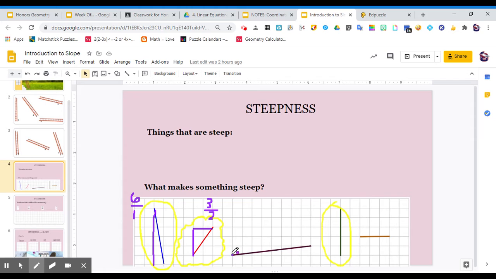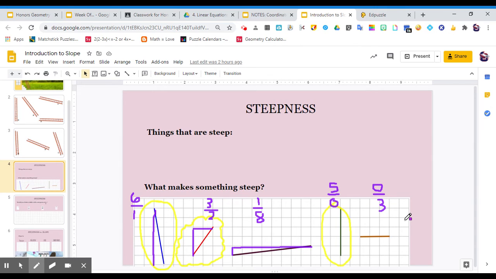This one, 1 up, and 8 over. This one went up 5, and over 0. And this one, up 0, but over 3.